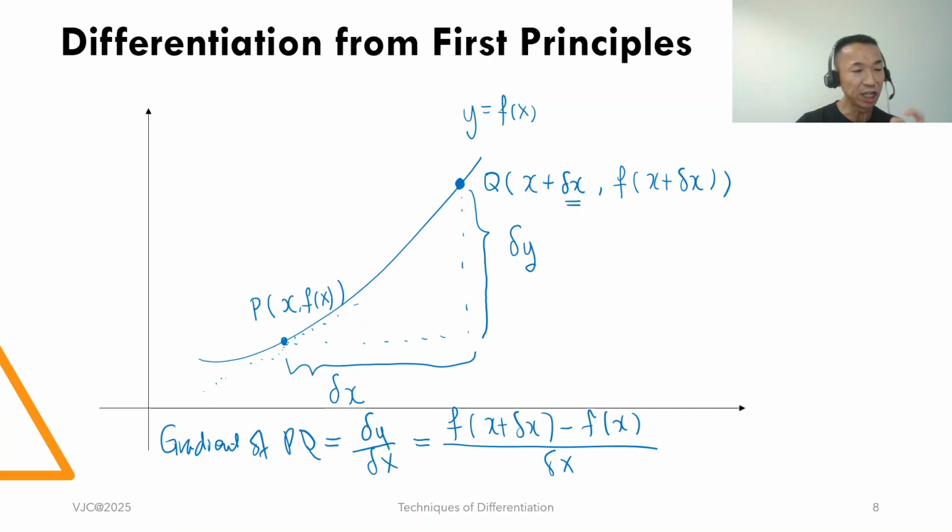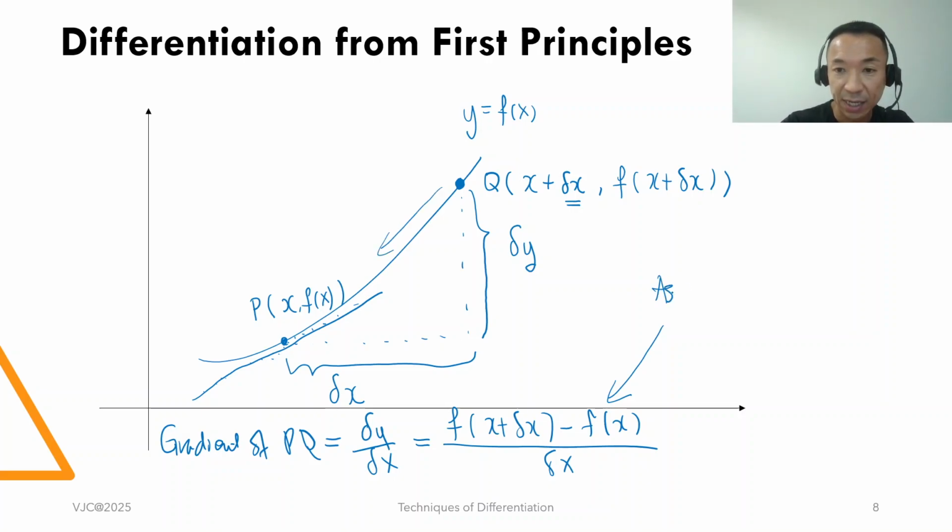Now, the definition of the gradient at P here is actually the gradient of PQ as Q tends closer and closer to this. That means as delta x tends to 0.